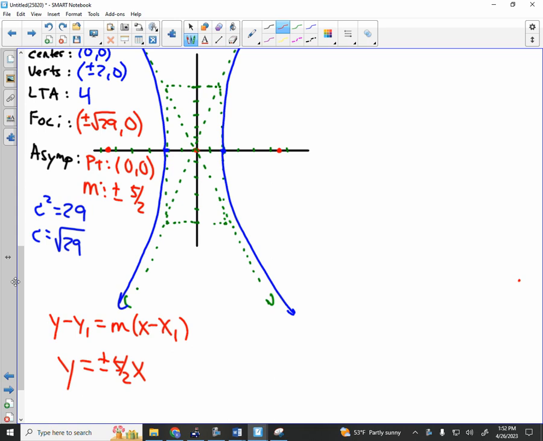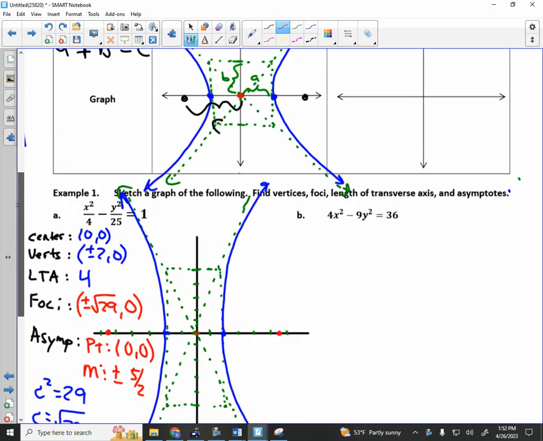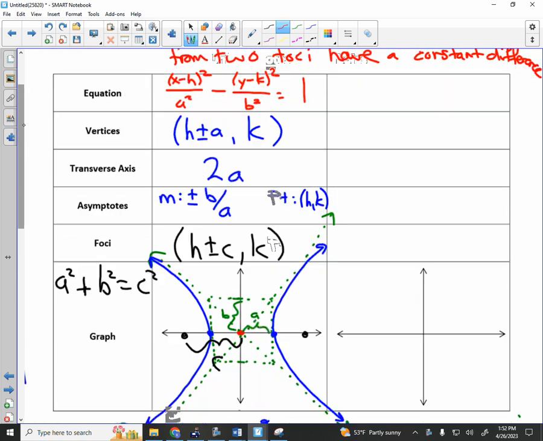Well, the hyperbola opened up side to side. So let's talk about the up and down piece right now. Caitlin led us into the vertical hyperbola. The vertical hyperbola has the equation y minus k quantity squared over a squared minus x minus h quantity squared over b squared is equal to 1.